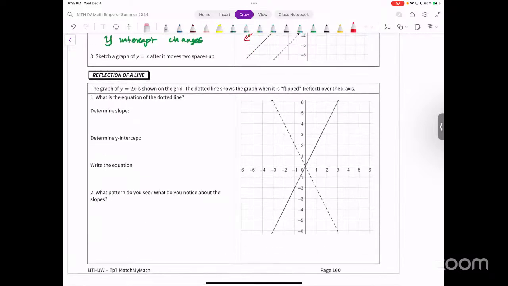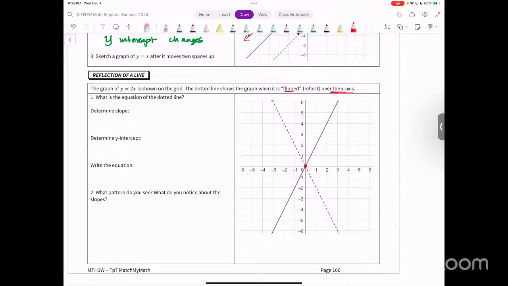Reflection of a line. The graph of y equals 2x is on the grid. The dotted line shown is when it's flipped. Flip means you reflect it over the x-axis. So what does it mean to reflect over the x-axis? Let me take some coordinates. 0 remains 0.